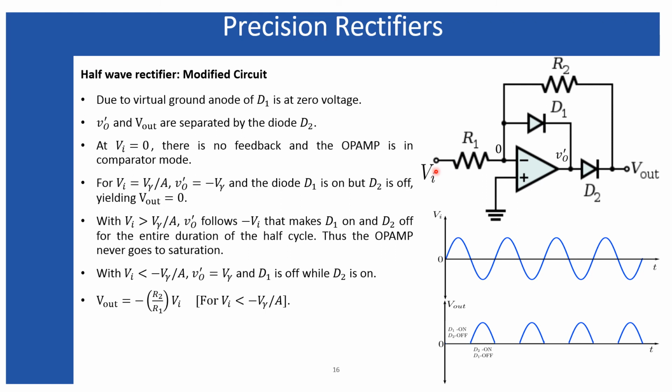When the input voltage becomes just greater than the threshold voltage of the diode D1, then the open loop gain of this operational amplifier multiplied with the input voltage will produce a negative voltage as the immediate output V0 dash, because the input is applied to the inverting terminal. So obviously the output will be the negative version of the input.